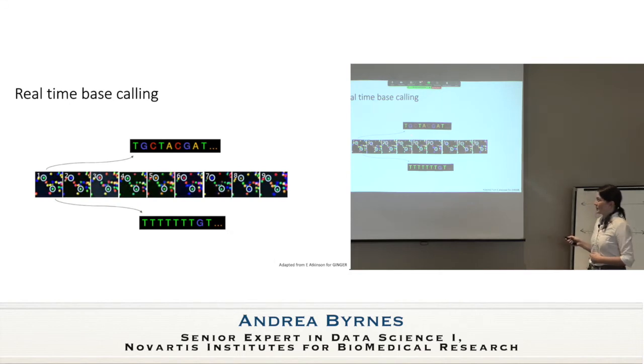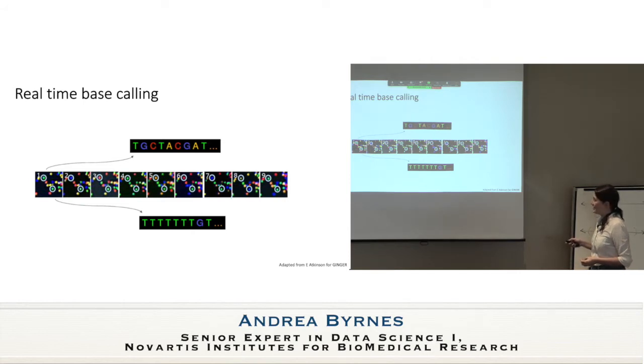So this is what they call real-time base calling. So if this is my sequence, you might watch a single dot and you might see the colors change from green to blue to red to green. And the computer associated with this very tiny camera is reading green, blue, red, and translating this into sequence. Another example would be the sequence on the bottom.